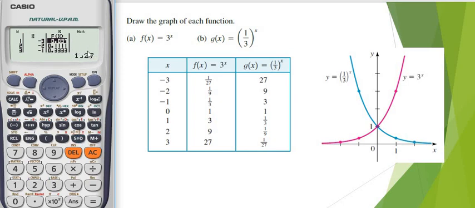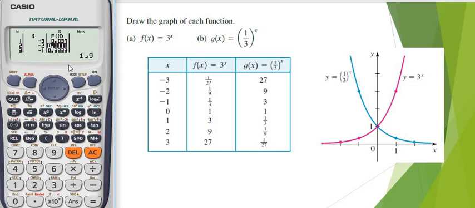For the value of f of x when x is equal to -3, f of x is equal to 1/27. So that is how we get this value. So we automatically have the corresponding values for our f of x. When x is equal to -2, we have 0.111. We press SD, then we have 1/9, which is exactly this value here.